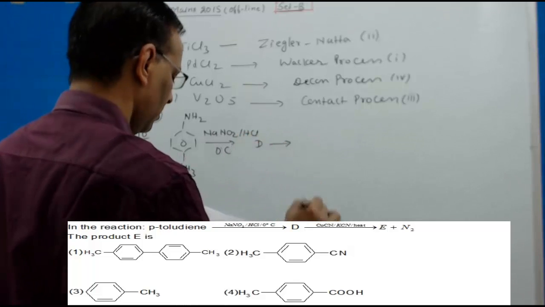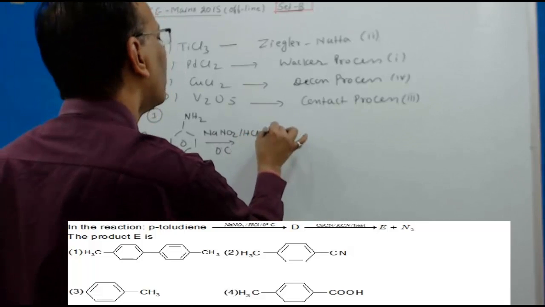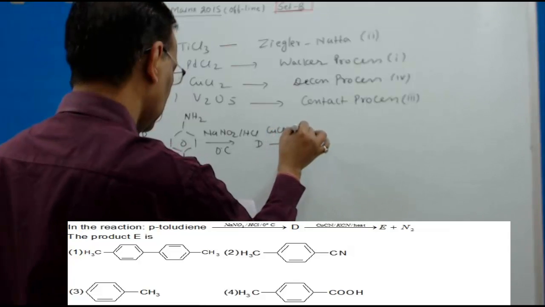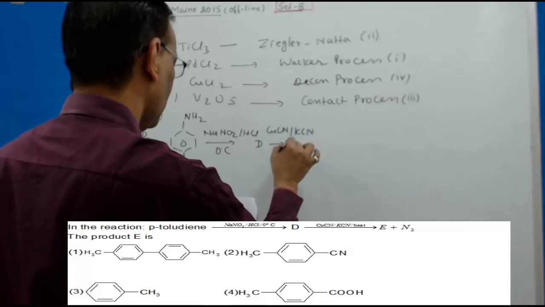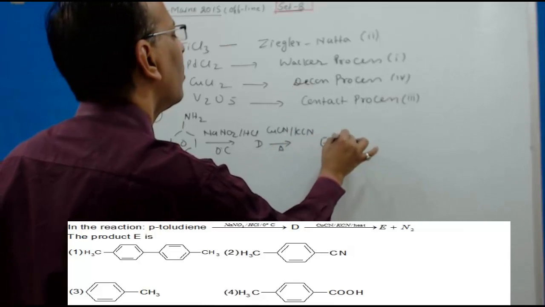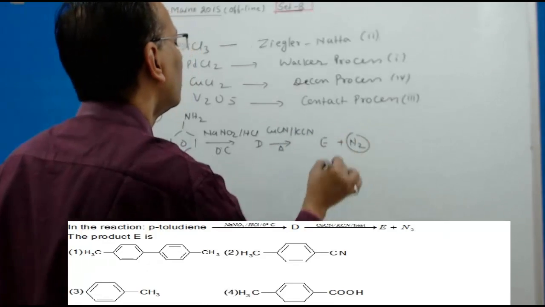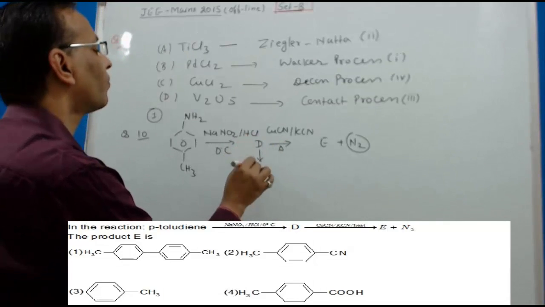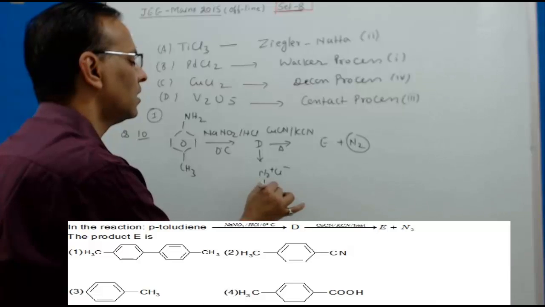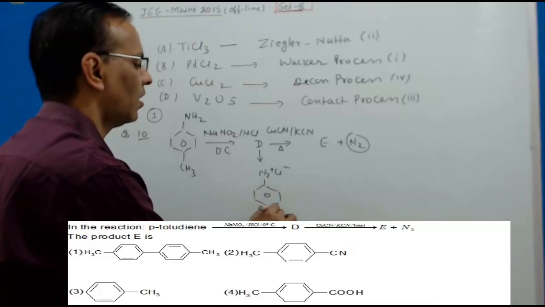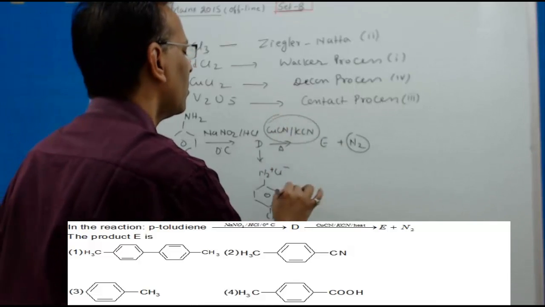D is the product here. Then CuCN, KCN, heat, E plus N2. So obviously this is the N2+ Cl- diazonium salt, and this is a Sandmeyer type of reaction.